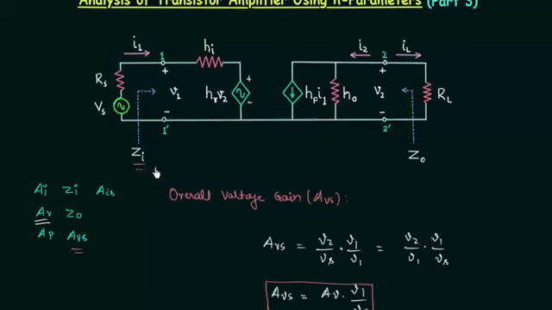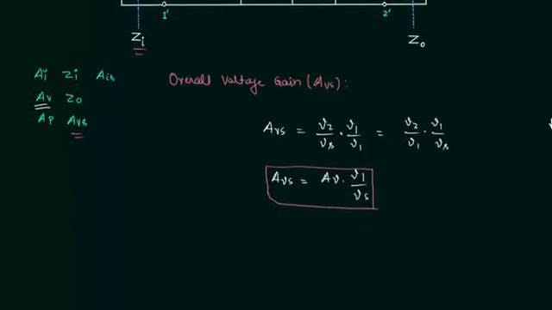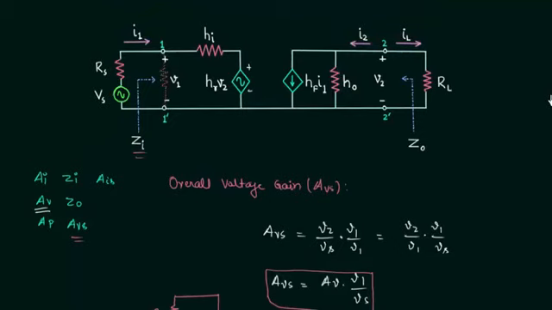The input impedance is equal to Zi. Here we can redraw this circuit, in which the source voltage is equal to Vs, then we have resistance equal to Rs, then we have the input impedance Zi, and using this circuit we will find out V1 by Vs. You can clearly see V1 is the input voltage and it is the voltage across the impedance Zi.